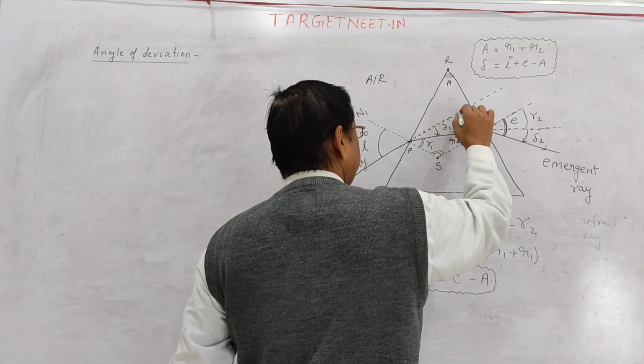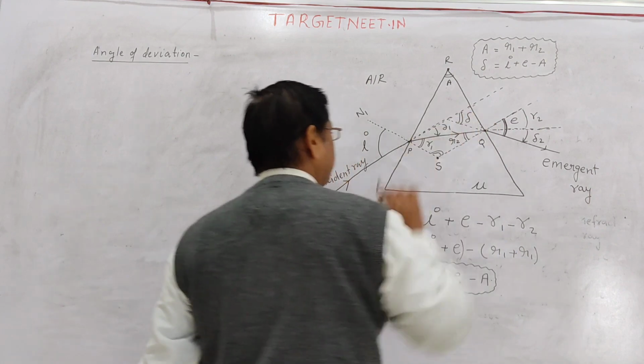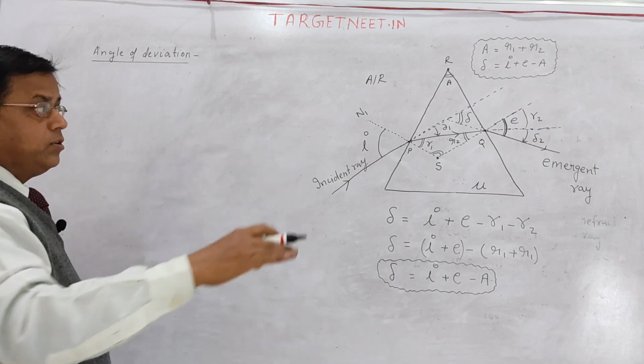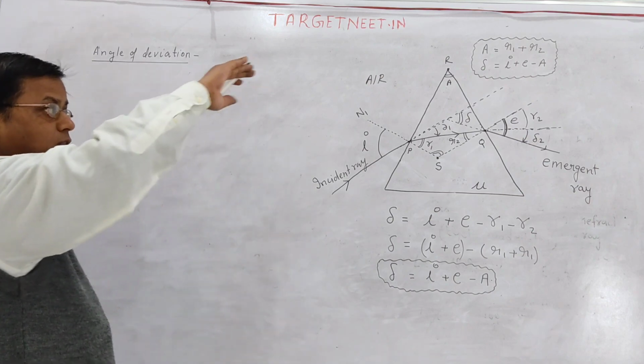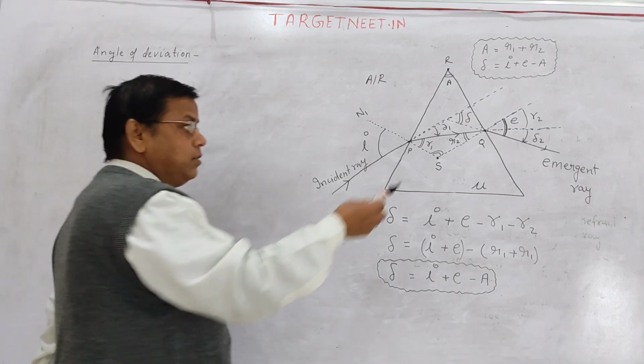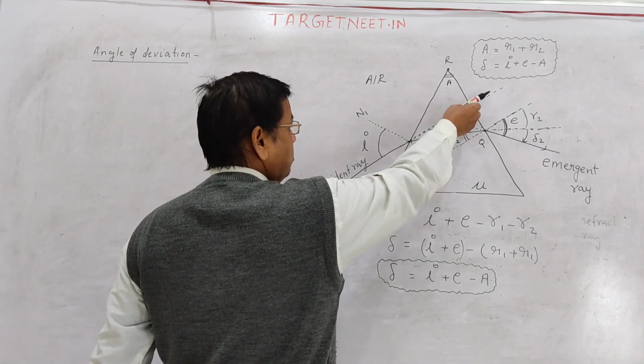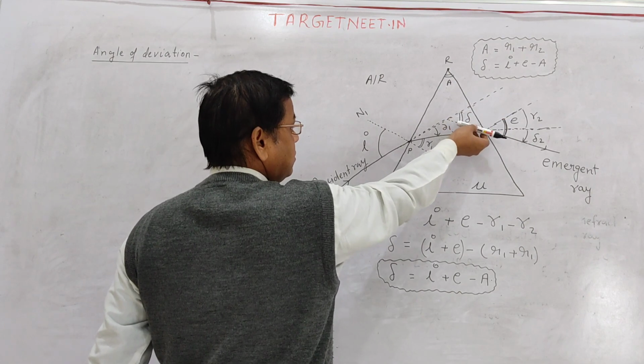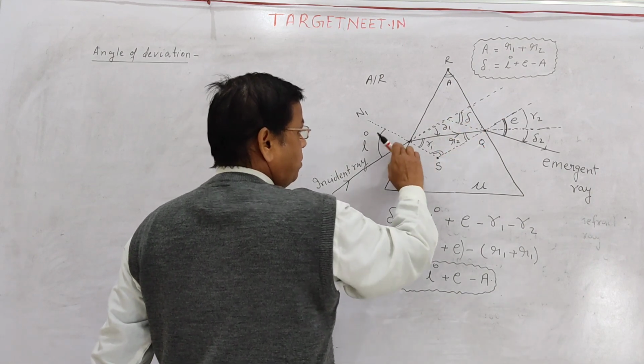So this angle is the angle of deviation. The angle of deviation is the angle between the direction of the emergent ray and the direction of the incident ray, or in other words, how much the incident ray is turned by the prism while passing through it.